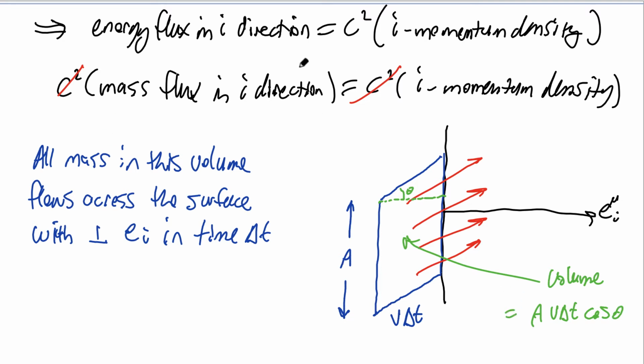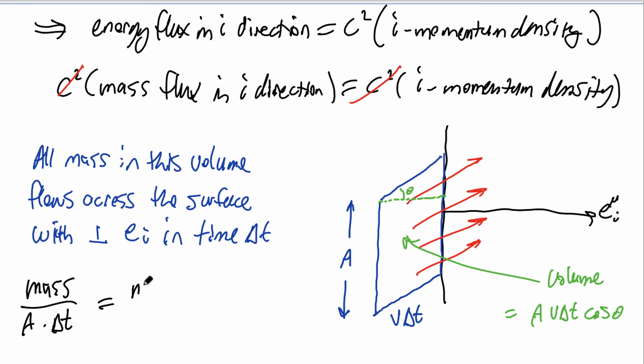So now let's return to this relation. The mass flux in the I direction, that's all of the mass in this region, per unit area and per unit time, flows across this surface. And by the way, this is the mass as seen by the observer O, so it's a relativistic mass. It's rest mass times gamma. Right now, from this expression, we see that A times delta t is equal to the volume, as seen by the observer, divided by v times cosine theta.